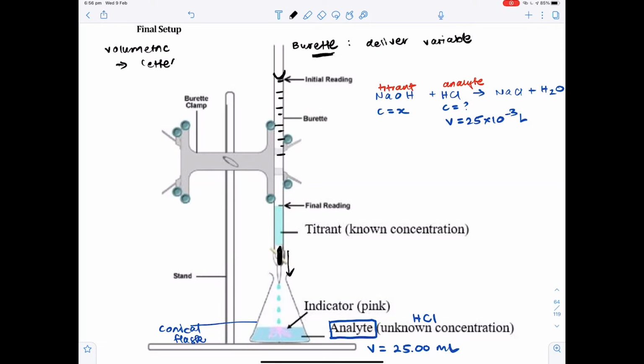You want to be careful, so you want to always put it at this angle, where it starts to flow at what we call a dropwise rate. Okay, when you put the stopcock in this orientation, perpendicular to the length of the burette, it'll be completely turned off, no solution flows.